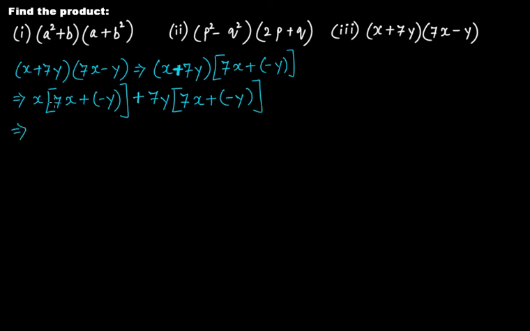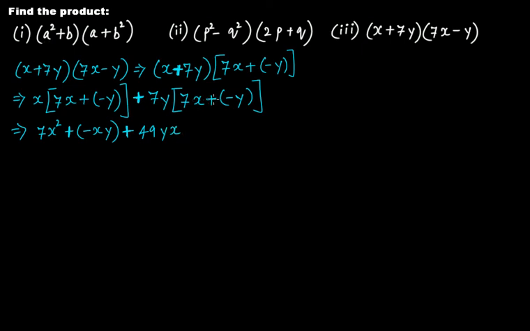Now x multiplied by 7x means 7x squared, then plus x multiplied by minus y means minus xy, plus 7y multiplied by 7x. So 7 multiplied by 7 is 49. y multiplied by x is yx.